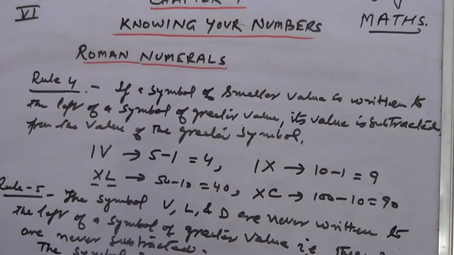The symbol I can be subtracted from V and X, and the symbol X can be subtracted from L, M and C only.